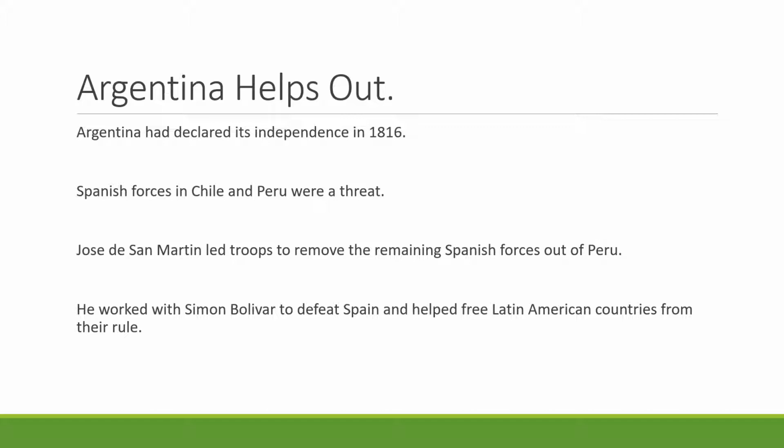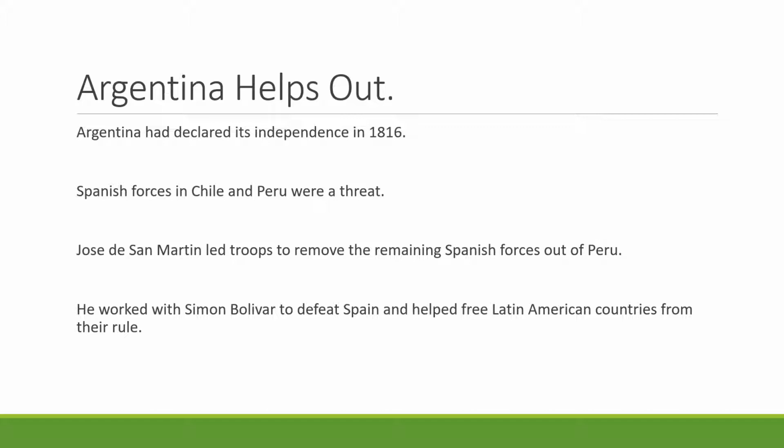Argentina helps out. Now, Argentina had declared its independence in 1816. However, Spanish forces in Chile and Peru were also a threat. Now, José de San Martin is going to remove the remaining Spanish forces out of Peru.